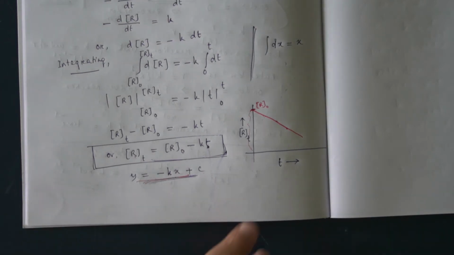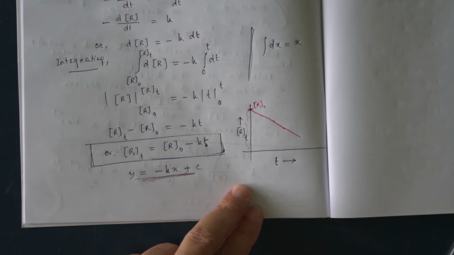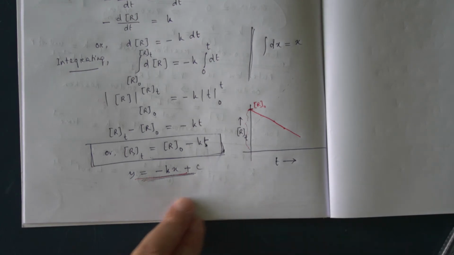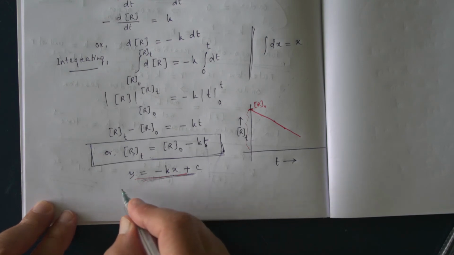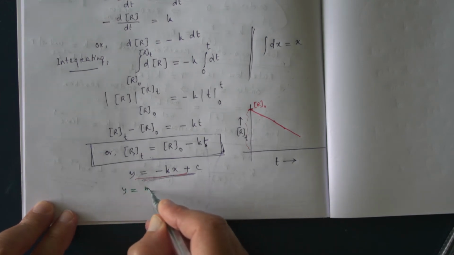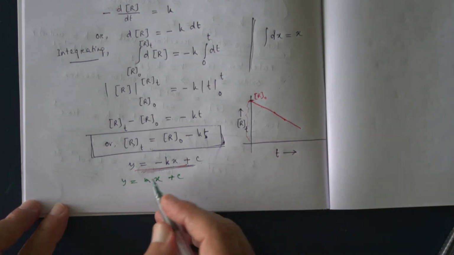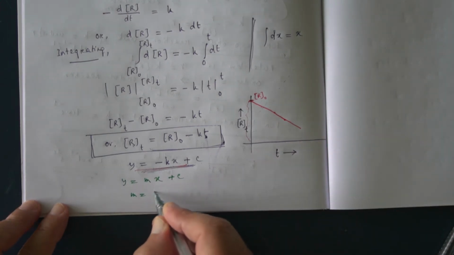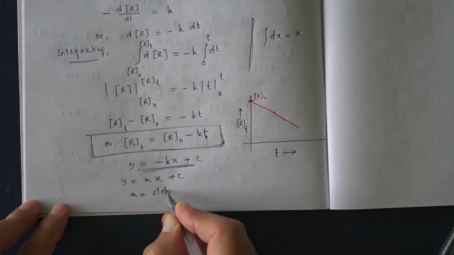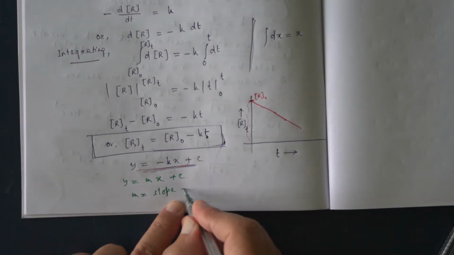Now here, in this graph, what is m? Suppose our equation has this m. M is the slope. And what is slope?